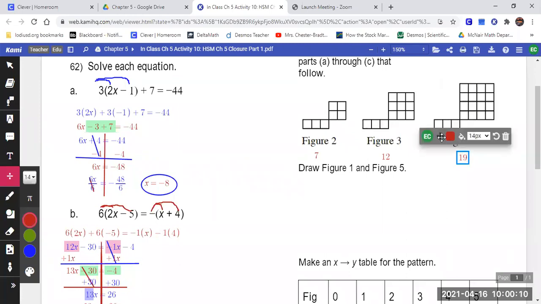All right. So we have to look to see what was happening, right? What was happening to go from figure 2 to figure 3? What did they do? What did they change? Where did they add stuff? Remember we had these conversations before? How many did they add in? Where did they add them in? What kind of things changed up?